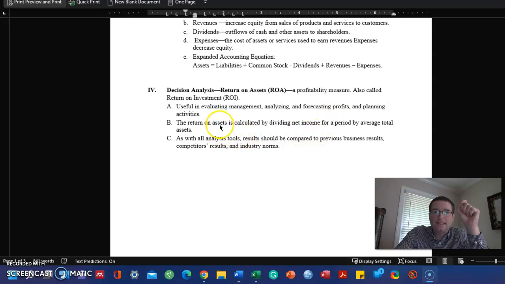Return on assets is calculated by dividing net income for, say, a year, by average total assets for a year. So January 1 total assets plus December 31st total assets, divided by 2, and that's your average. So how well did they use those assets to make money?